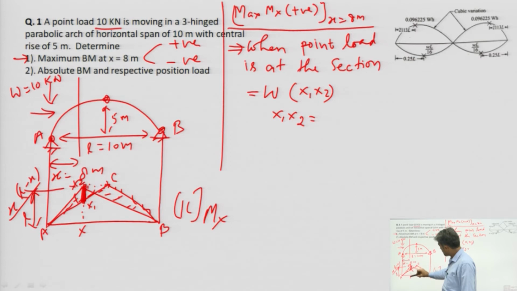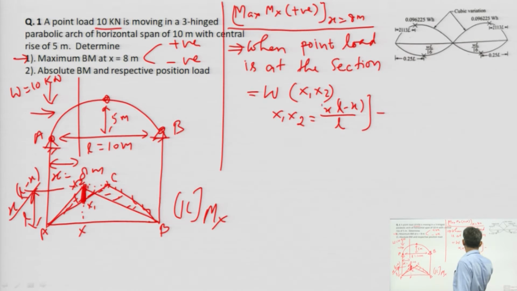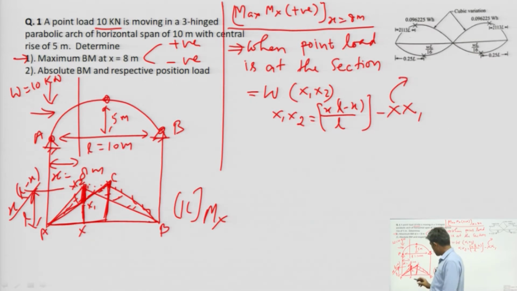This one is x into L minus x by L, minus this is the total, and the remaining part can be calculated from this triangle. What will be x1? x1 will be calculated from this one.